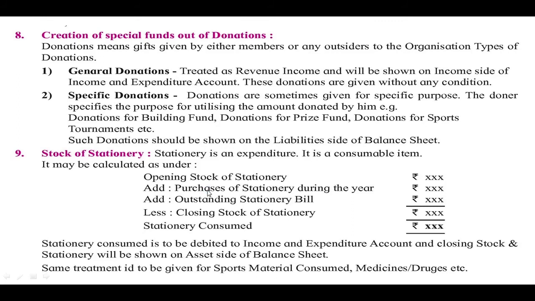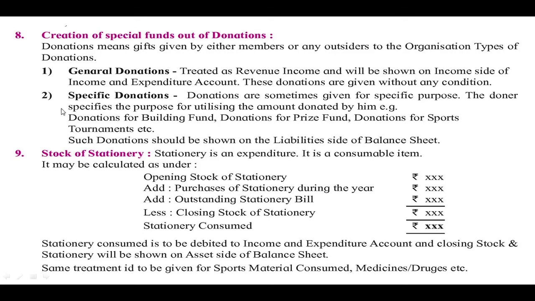Then creation of special funds out of donations. Sometimes some members or outsiders give a donation to the non-profit organization. Normally the general donations are shown on the income side because they are treated as revenue income, so they are shown on the income side of the income and expenditure account, because these donations are given without any conditions.